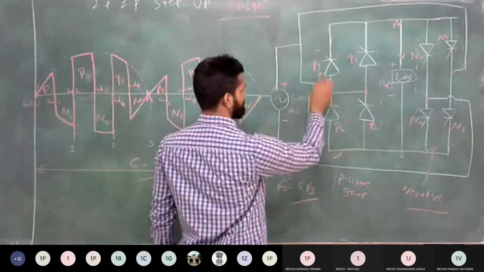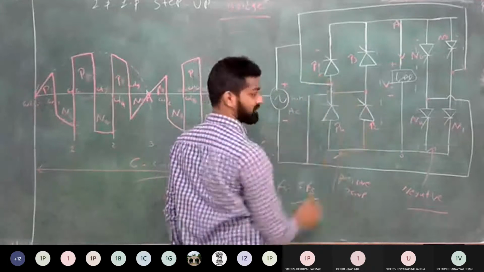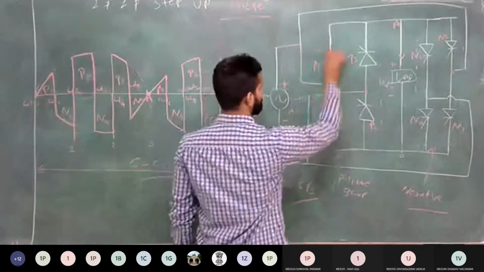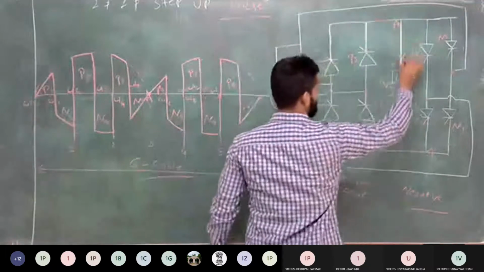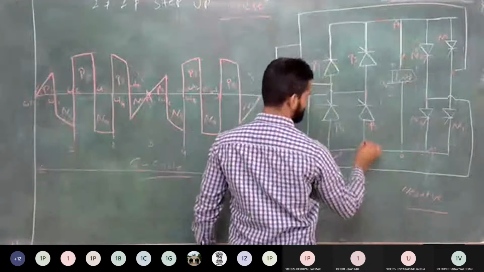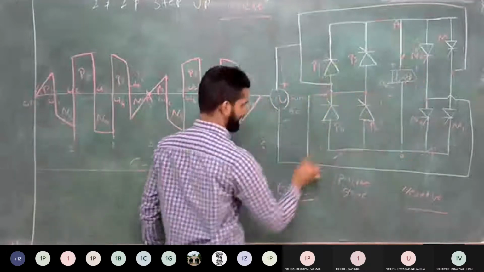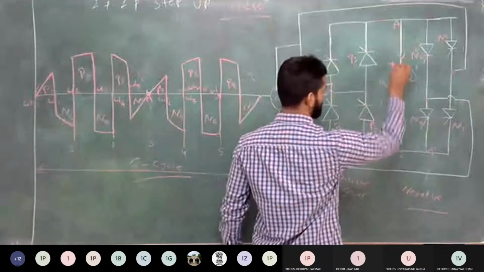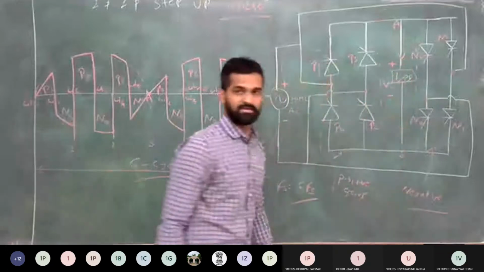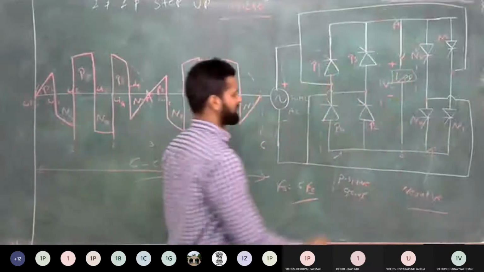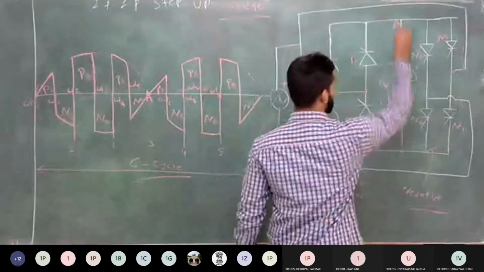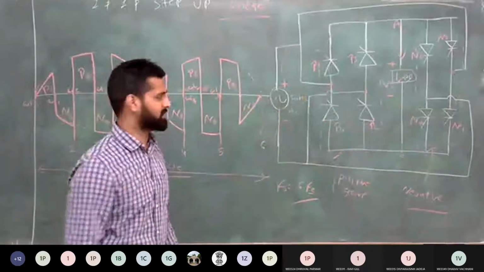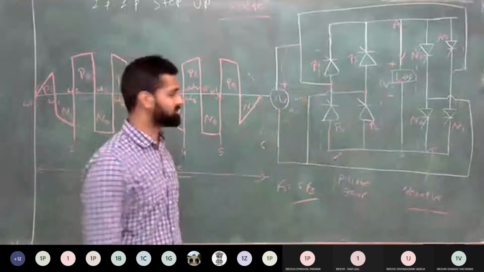In the positive cycle, provide the gate pulse to P1 and P2 simultaneously. Current flows from supply positive through P1, the load, P2, and then to the negative terminal. The polarity of the load voltage is plus and minus here, which is positive polarity, and the direction of current is from A to O, which is the positive direction of current.